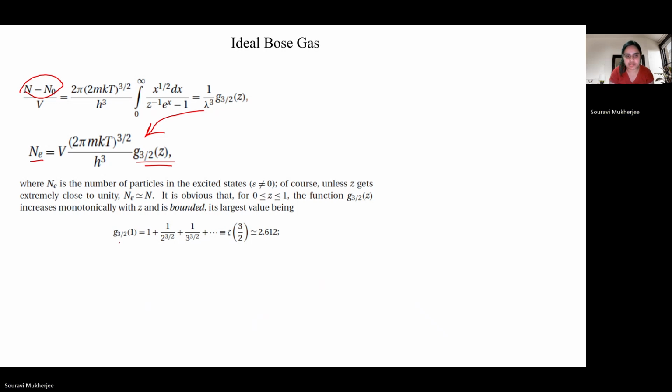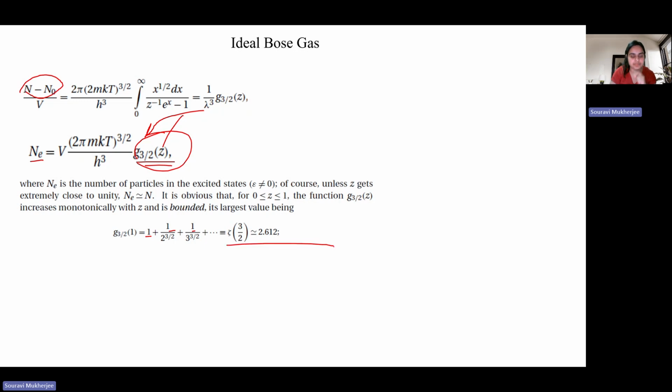So what does it mean? That means this term is maximum, and when will it be maximum? When z is maximum, and the maximum value of z is 1. Now if you put g 3 by 2 of 1, the numerators become 1, and you can solve it further.